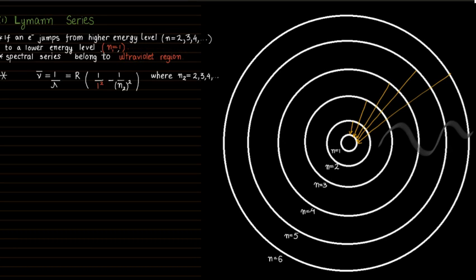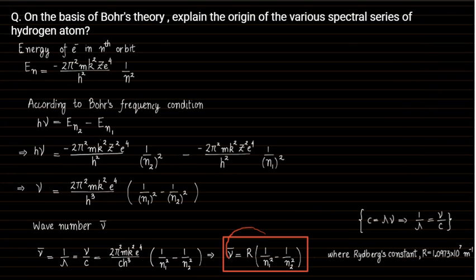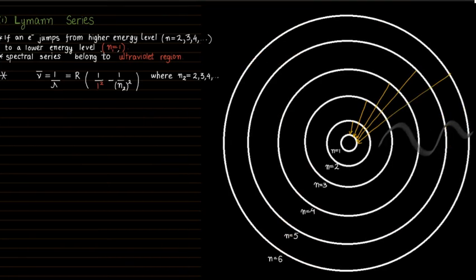Fine. So if you want to find the expression for the wave number, you can use this relation. Write this relation: mu bar equals R times 1 upon n1 square minus 1 upon n2 square. n2 square is the higher energy level, n1 square is the lower energy level. In this case, all of the transitions are done till n equals 1, so substitute 1 here.